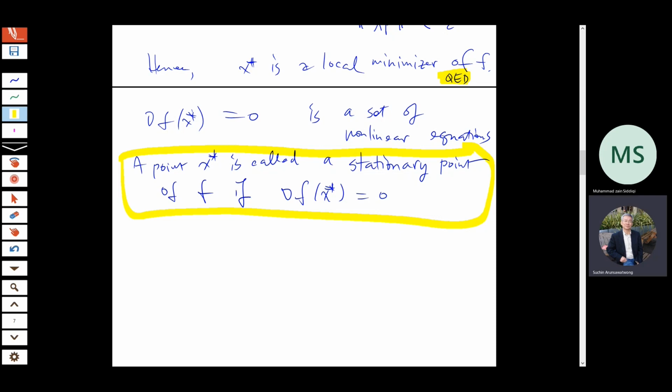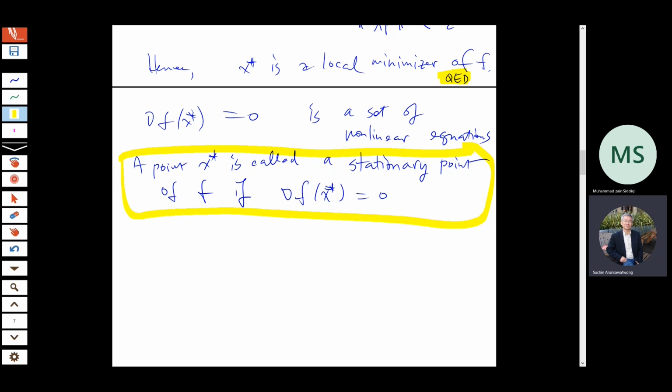And in general, if the H matrix is positive definite for all x, then the function f is a convex function. This is how we know.